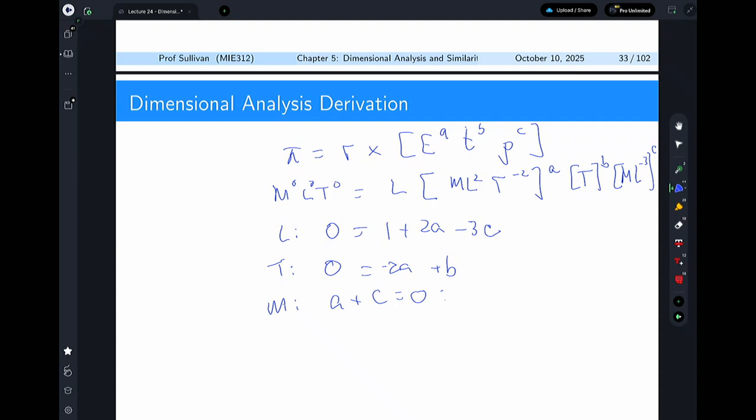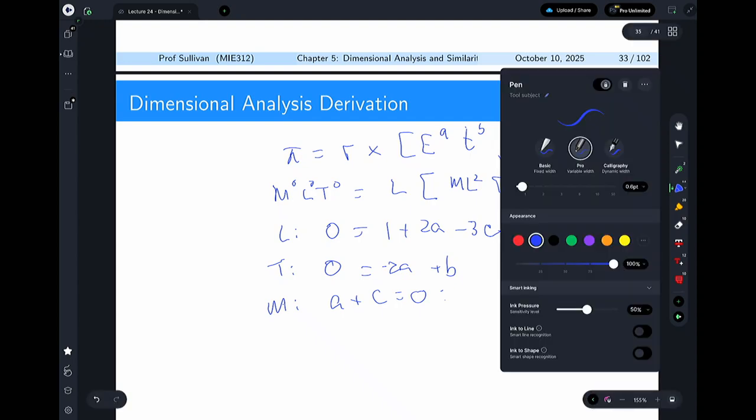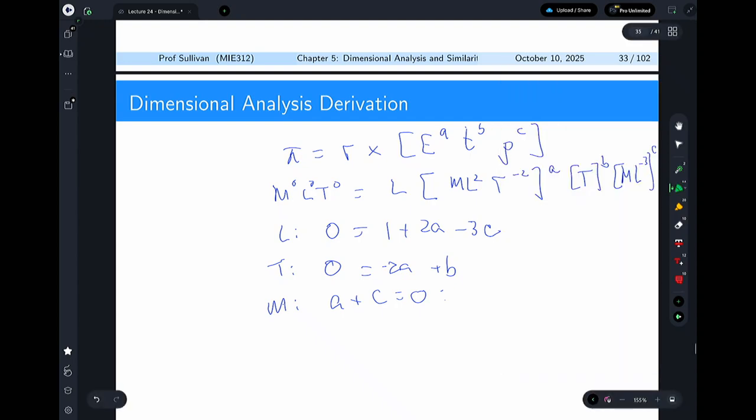And from this, c equals minus a equals minus 1/5, and b equals minus 2/5.